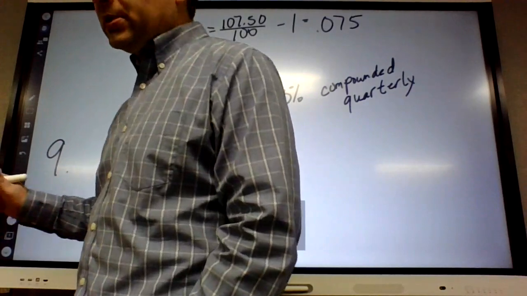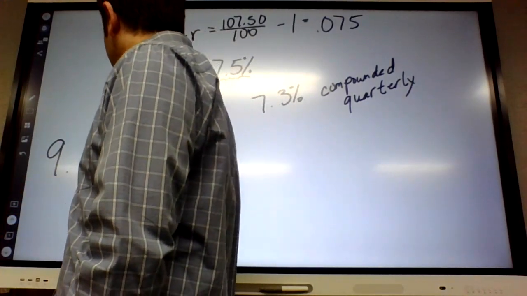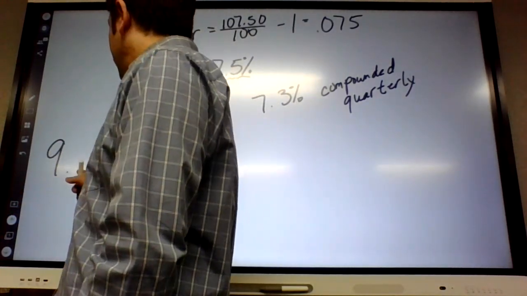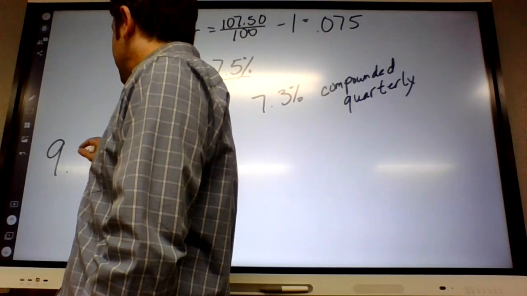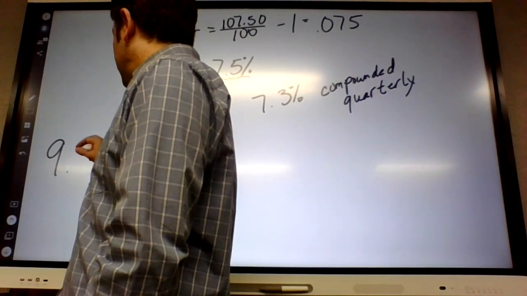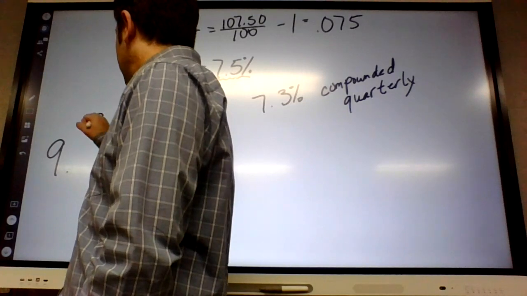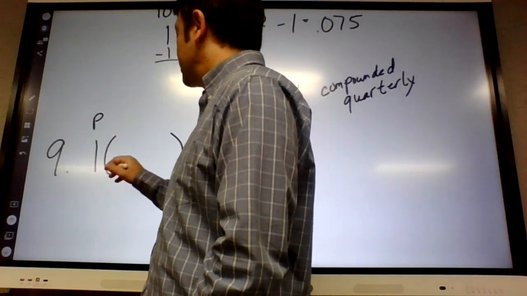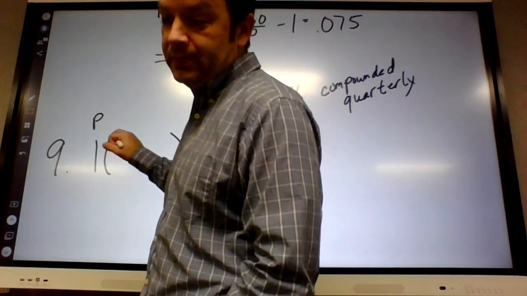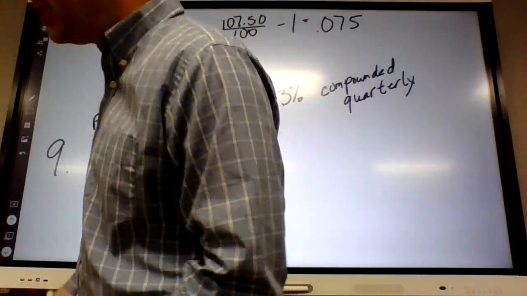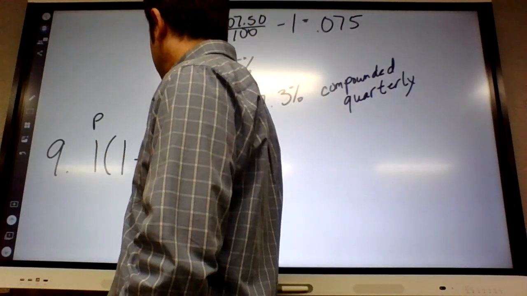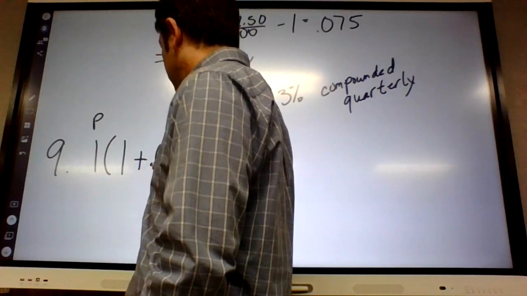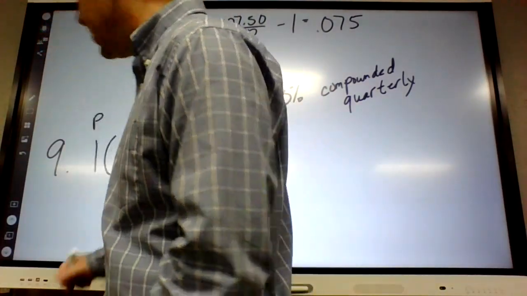So it doesn't really matter how much you invest. So we can just kind of leave a blank up here. We'll pretend it's like a 1 or something. But we get 6% interest for 10 years.